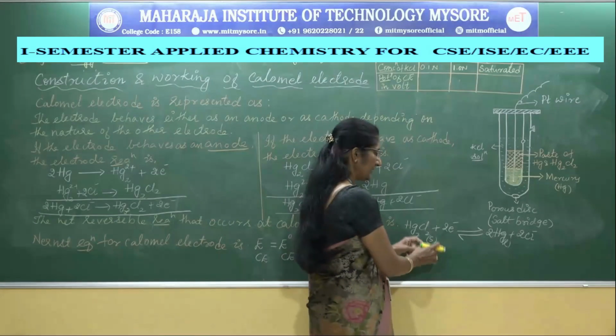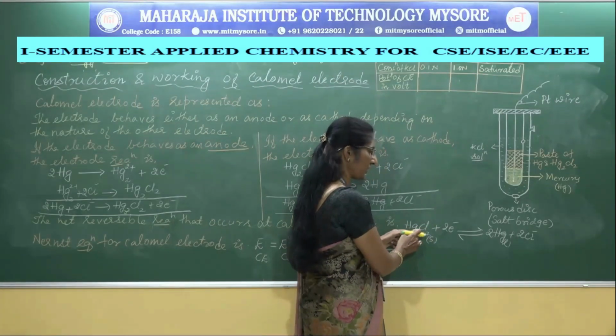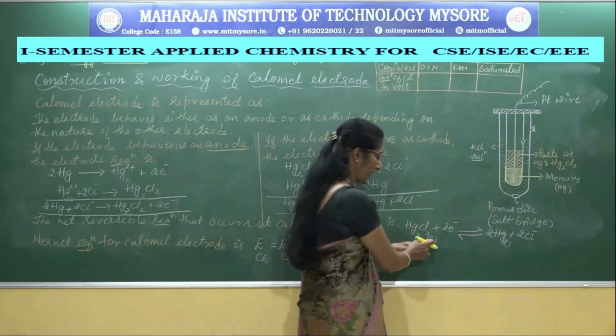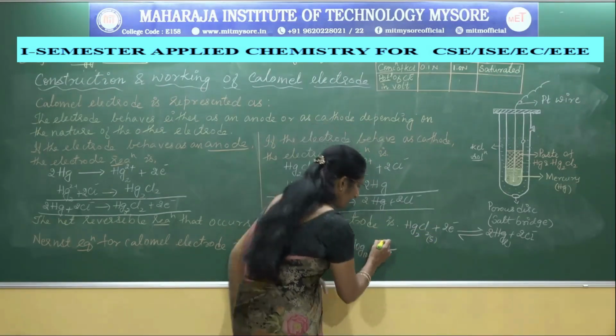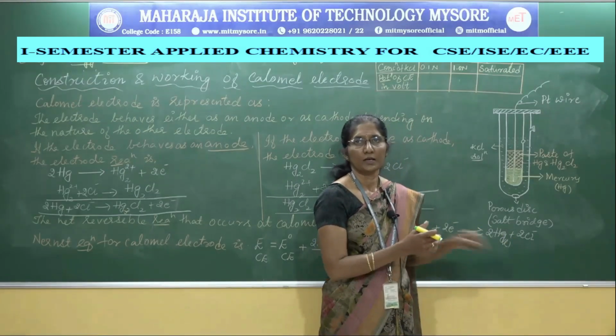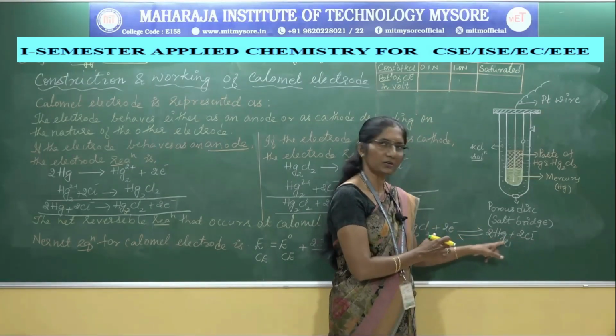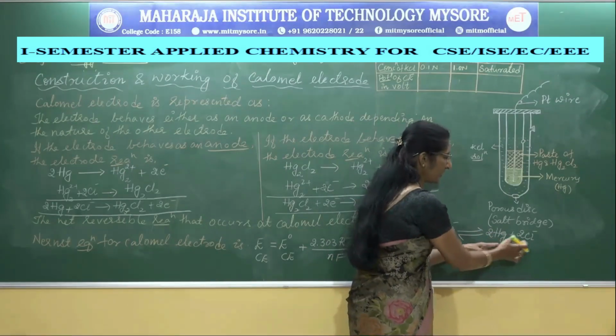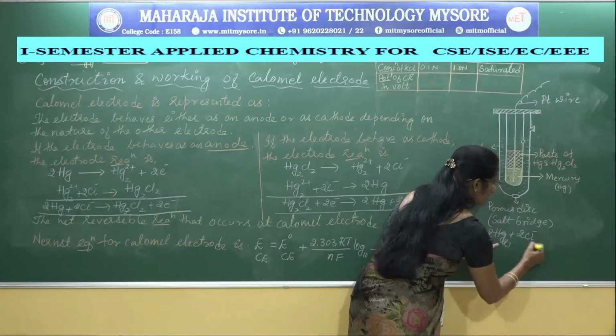Observe that here the reactant is mercurous chloride. For mercurous chloride, the concentration is always taken as 1. So, therefore, here it becomes 1 divided by the product of the molar concentration of products. Here the products are a liquid and an aqueous solution.